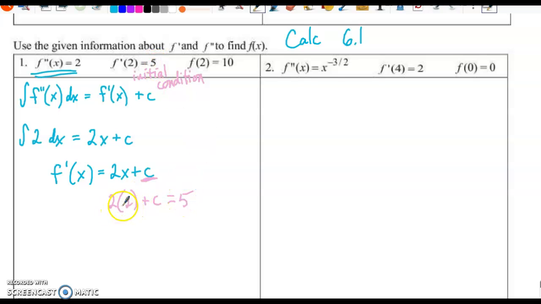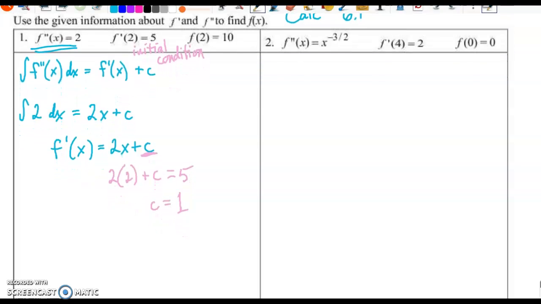Well, 2 times 2 is 4, so as I subtract 4 over, that tells me that c must be 1. So now what we've just established is that the equation of f prime of x is equal to 2x, but now we can replace c with 1. So I was super far off earlier when I guessed 8.